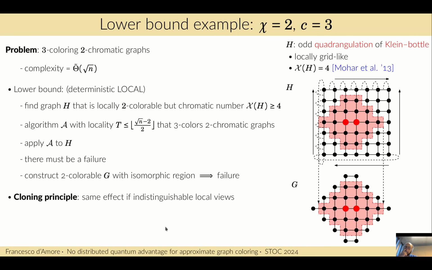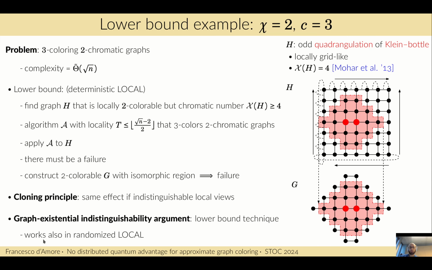And the idea behind this argument is the cloning principle, which says that the same effect holds if the local views are indistinguishable. This technique is called a graph existential indistinguishability argument. It's a lower bound technique that works also in randomized local, but of course it's a bit different, because here we can locate specifically the failure, and the failure happens deterministically.